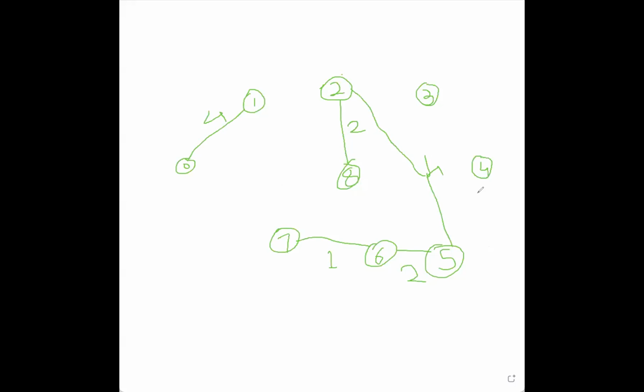Okay. Now next, what we can see. After 4, the next minimum value is 6. Here 4, 5 is not there, only 6 is there. Then 8 to 6 is there, edge 8 to 6 with the value 6.